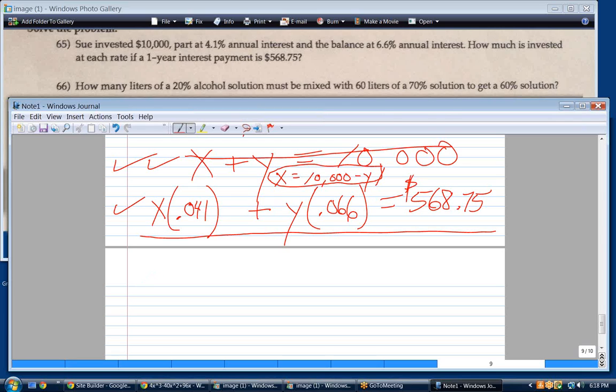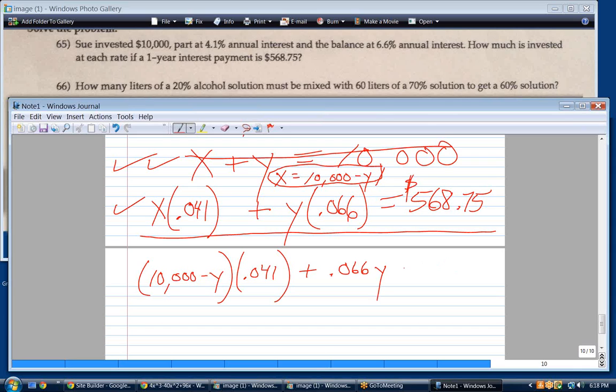In parentheses, 10,000 minus y times 0.041 plus y times 0.066 equals 568. Okay, now we got it down to one equation and one variable. You know how to solve this?